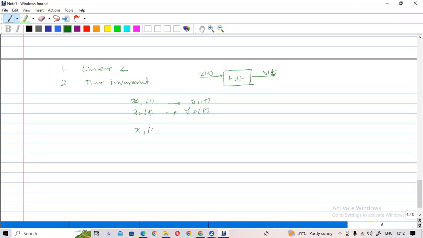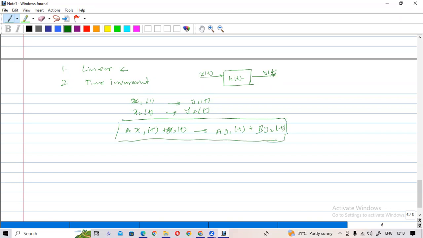If you are given x1(t) plus x2(t), your output will be y1(t) plus y2(t). And if you are given the weighted signal a x1(t) plus b x2(t), the resultant will have the same weightage. So this is the condition for linear. Try to remember this one.